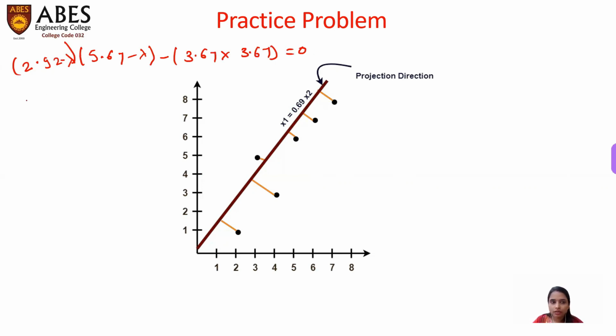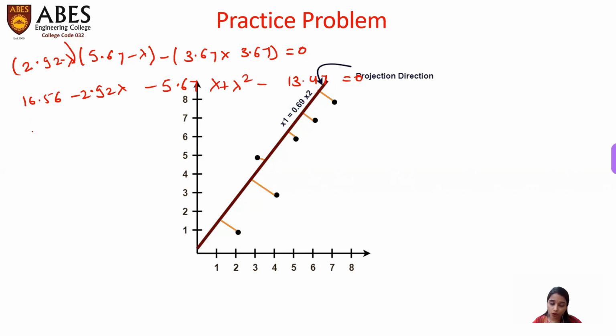From here, 16.56 minus 2.92 lambda minus 5.67 lambda plus lambda square minus 13.47 equals 0.